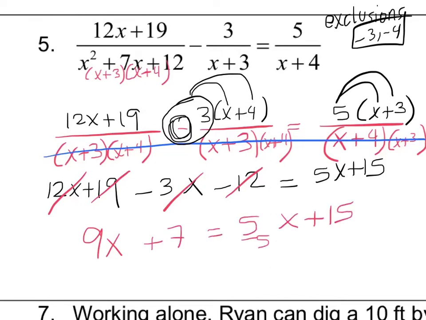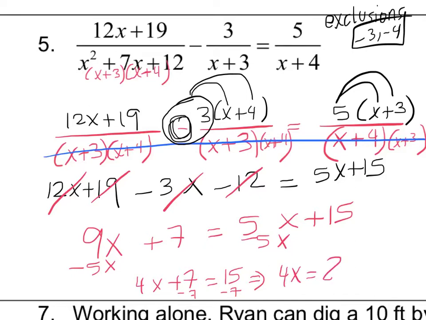Now subtract 5x. 9x minus 5x is 4x plus 7 equals 15. Then you need to subtract 7. So 4x is equal to 15 minus 7, which is 8. Then you divide by 4, so my x is 2.